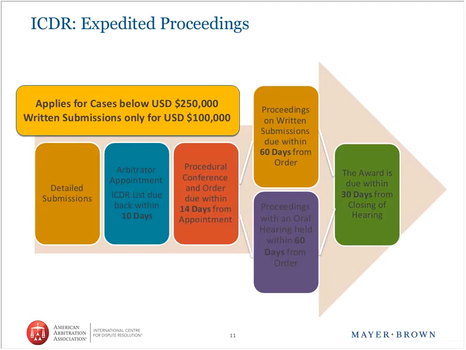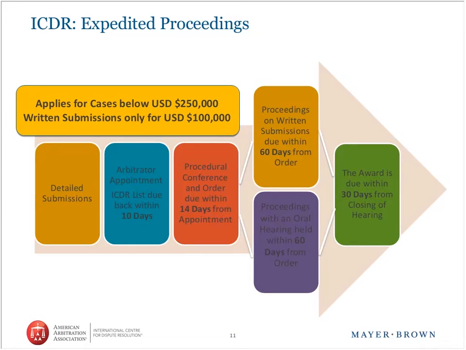The time frames as you move through are fairly set, and sure, there's an ability to get some extensions and request that from the parties and the institution as well. But from start to finish, the process is essentially 135 days.